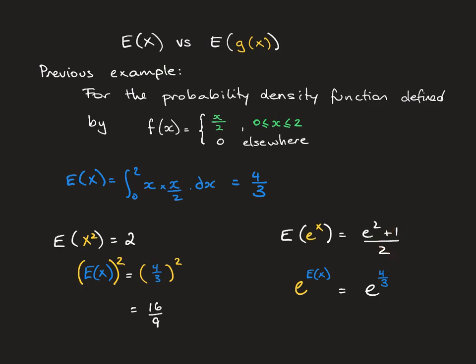So what we've just found here is that if we try and take the function of the expected value for a random variable, it is not equal to the expected value of that particular function of the random variable.